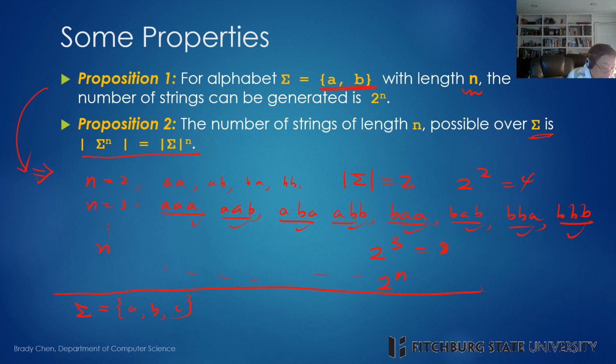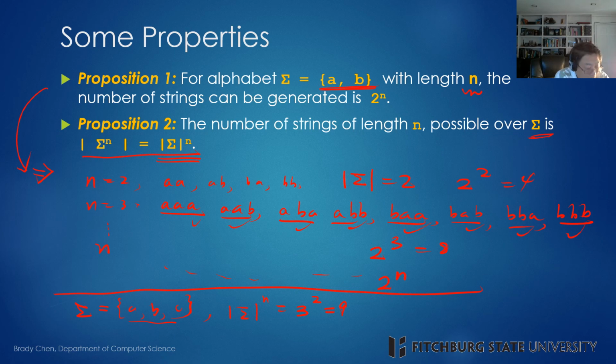Okay, so for 3 elements, if we want to generate strings of length 2, how many strings can we generate? Based on this proposition, we know that it's going to be sigma to the n. Now sigma contains 3 alphabets, so it's 3 to the 2, that's 9, 3 squared.